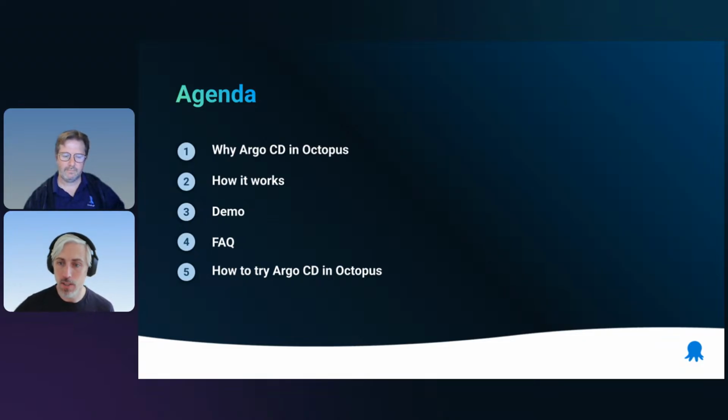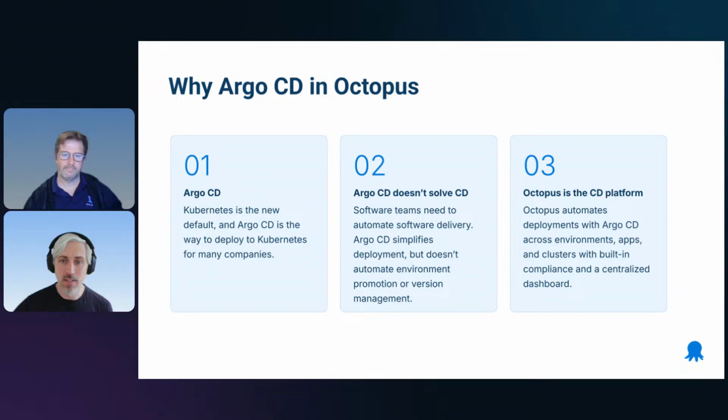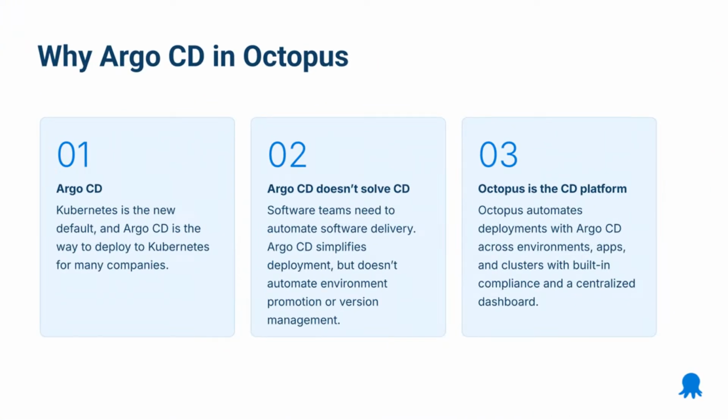Cool. All right. So why are we seeing Octopus? The main thing is Argo CD is a very popular tool, as you all know, as all of you joined the webinar, I guess. And this is almost the default tool for Kubernetes, and definitely the most popular GitOps tool. And Kubernetes is the default target, right?